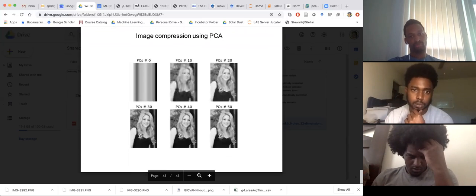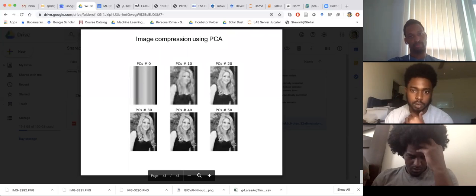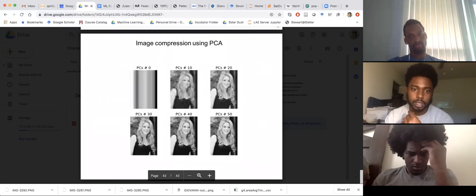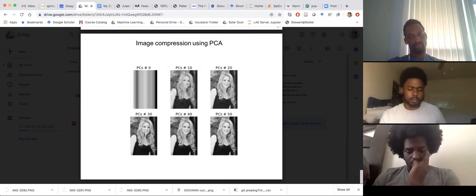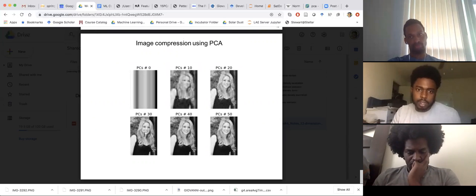Here's an example of using image compression. Let's say this is a 1,000 pixel picture, and each pixel has 3 RGB values. This is probably grayscale, but you can imagine there are a lot of dimensions when each pixel has 3 options.